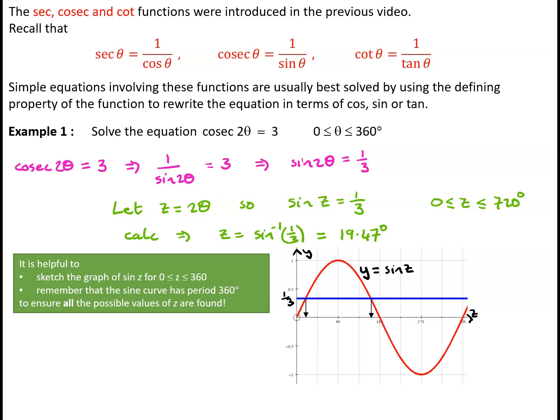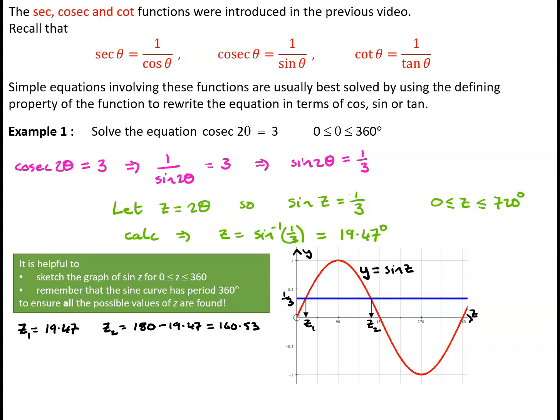So the fact that I've got my first solution is 19.47 degrees, the symmetry of the curve tells me that I'm going to have another solution, z2, at 180 minus 19.47, which gives me 160.53 degrees.